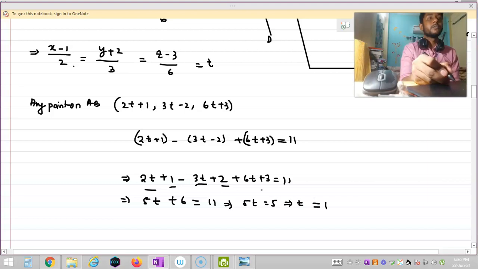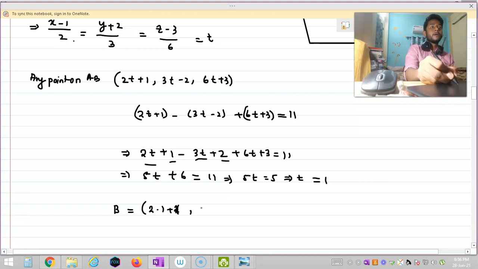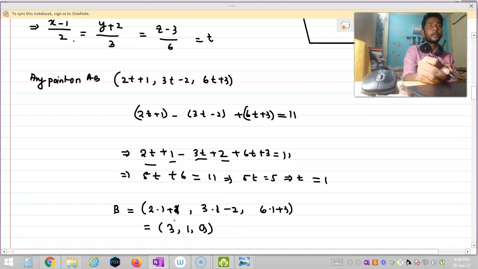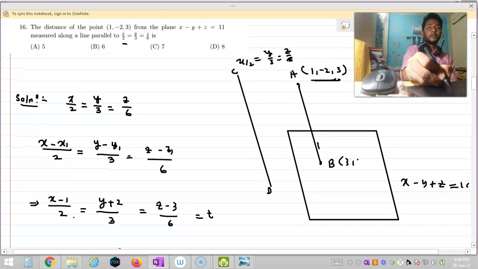Hence the coordinate of B is (2 into 1 plus 1, 3 into 1 minus 2, 6 into 1 plus 3). So it is nothing but (3, 1, 9). Okay, so we got the coordinate of B.